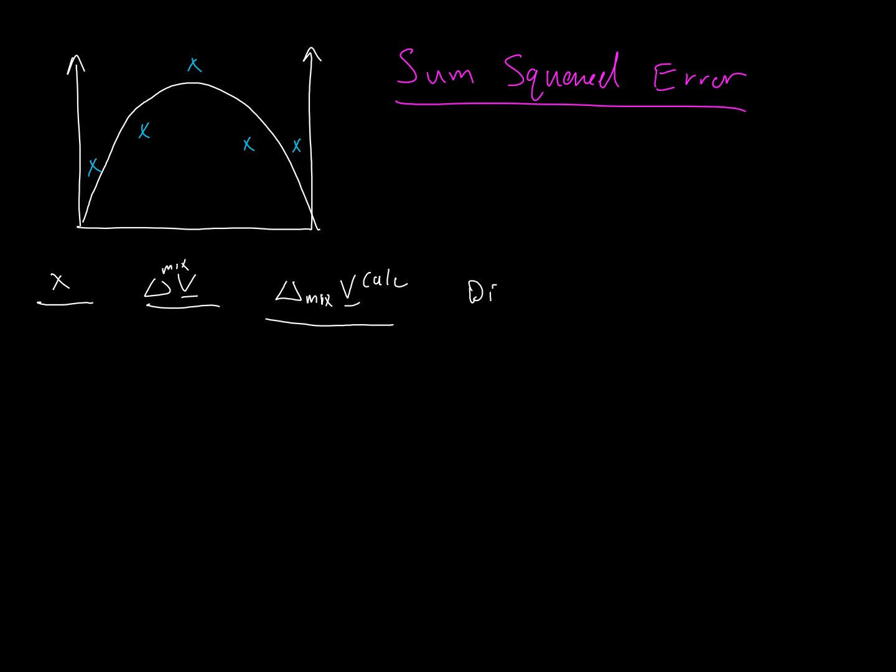And then we could do the difference squared. And at the bottom, we would sum it all up. So if we were to do this in a spreadsheet, we can add 0, 0.1, 0.2, so on and so forth, to 1. Now at 0, the difference should hopefully be 0, right?